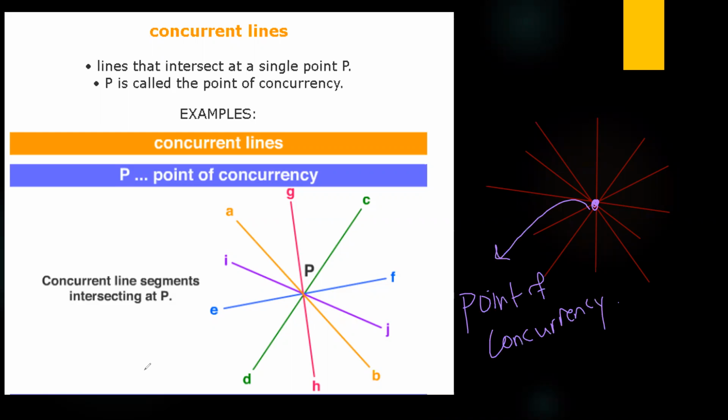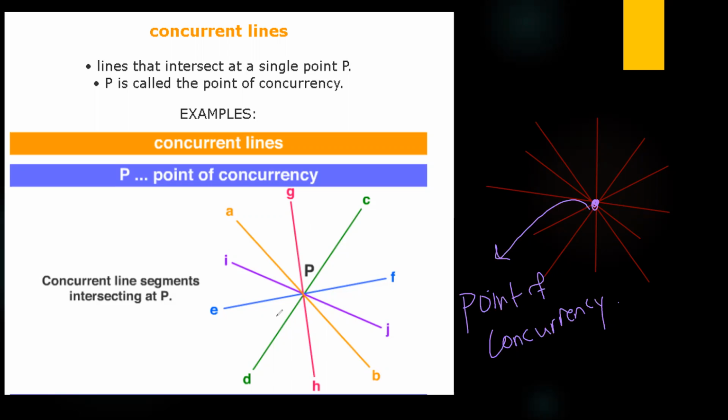So concurrent lines are lines that intersect at a single point, and this point where they intersect, we call the point of concurrency. As you see here, we have many lines: GH, the pink one, CD, the green one, JI, the purple one, FE, the blue one.